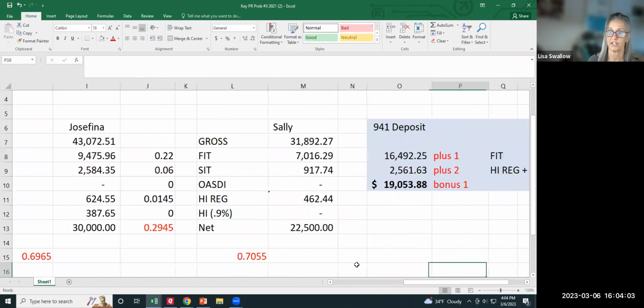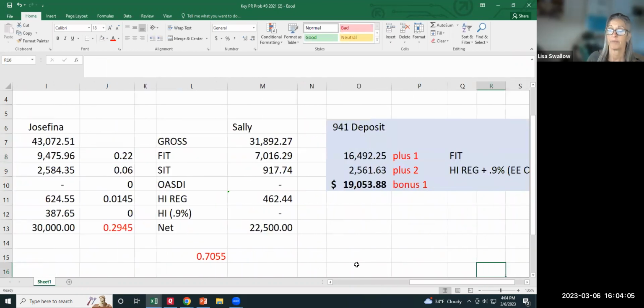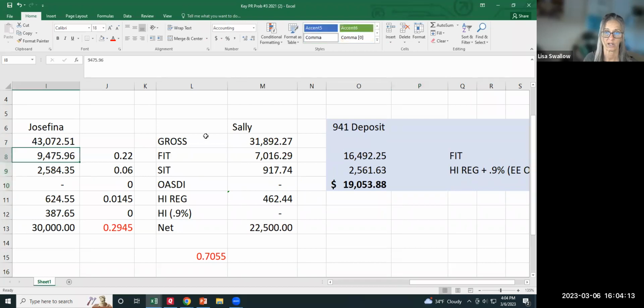So then over here, my 941 deposit, I've got my FIT, I pull, that's the total of Josefina and Sally's federal income tax. And then the HI, I'm taking the 624 plus the 462, and then I'm doubling that. And then I just, of course, have the one share of the 0.9.